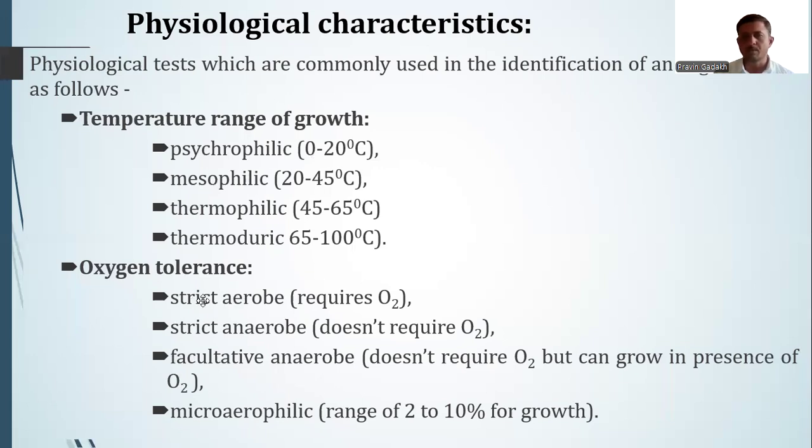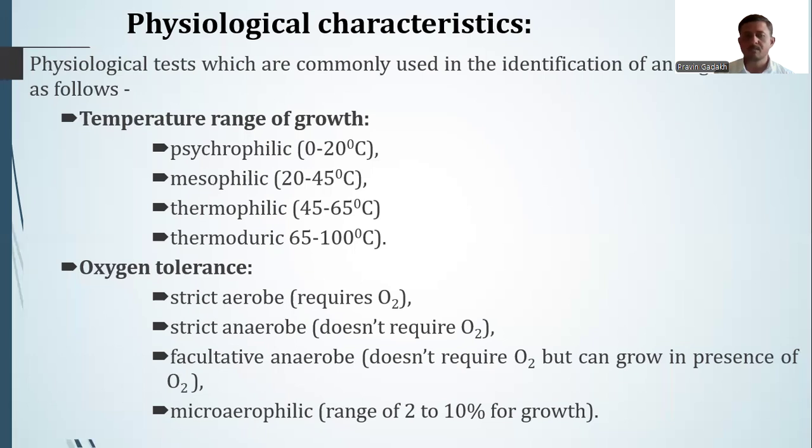Another group is strict anaerobes, which means that organism cannot survive in the presence of oxygen, or we can say oxygen could be lethal for the growth of that organism, and those organisms are called strict anaerobes. Facultative anaerobes means they don't require oxygen but can grow in the presence of oxygen. That means in presence or absence of oxygen, they can survive. They are called facultative anaerobes.